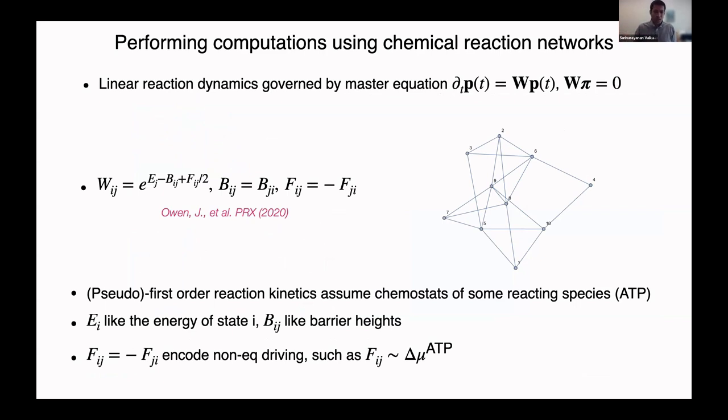I have a master equation with rates Wij that are parameterized by energies, barrier heights, and by fluxes Fij that can encode non-equilibrium driving forces such as gradients, ATP concentration, whatever you have. The energies live on the nodes of the Markov state network, and the barrier heights, Bij, live on the edges, and so do the fluxes. The Fij also live on the edges of this network.